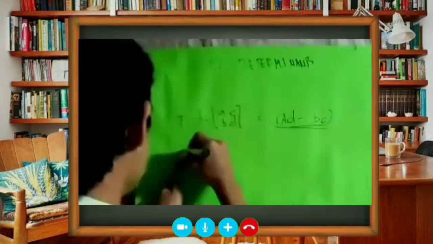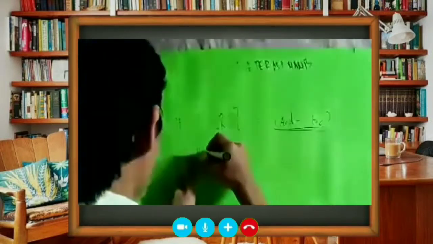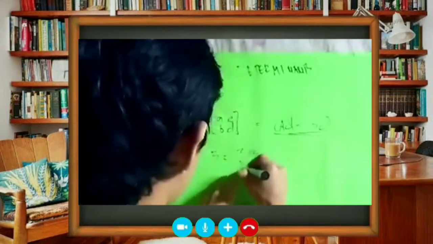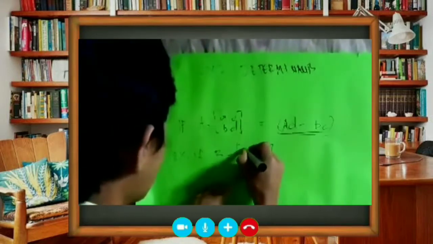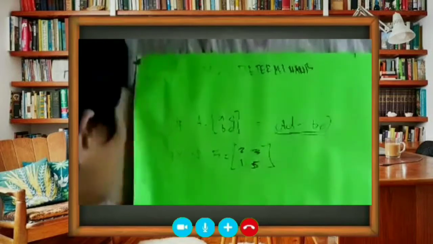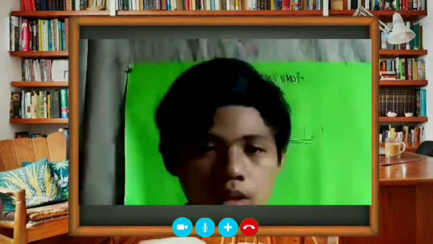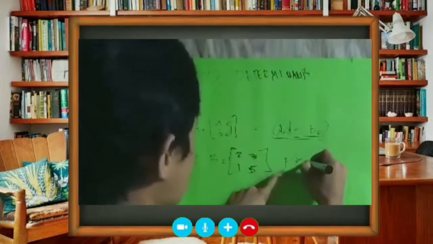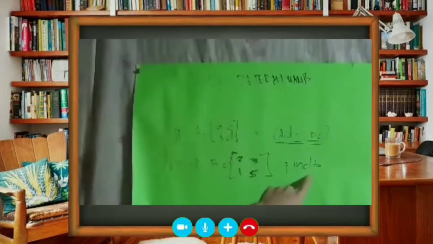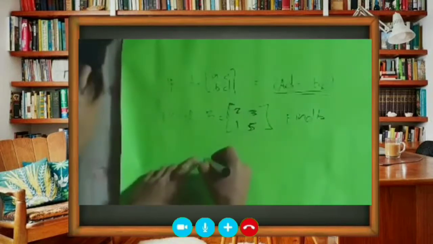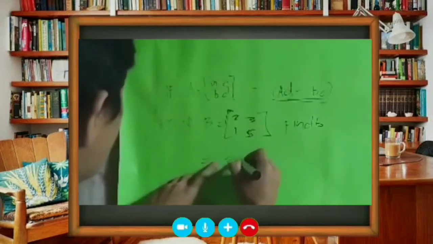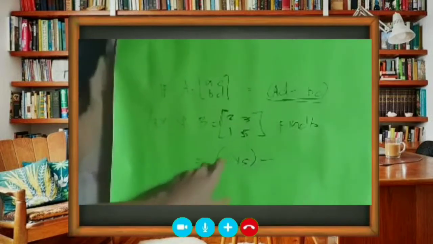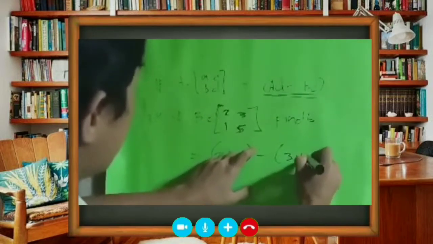So for example, if B is 2, 3, 1, and 5, find the determinant of B. By applying this, you should compute 2 times 5 minus 3 times 1.